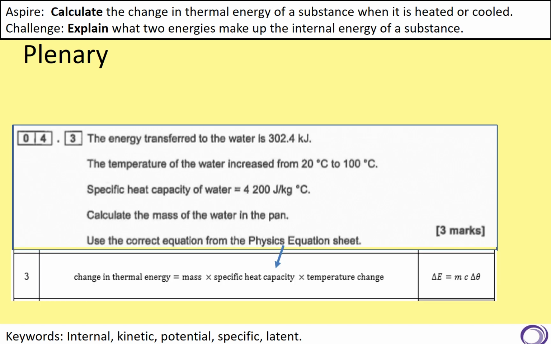Okay, next question. The energy transferred to the water is 302.4 kilojoules. The temperature of the water is increased from 20 to 100 degrees Celsius, and the specific heat capacity of water is 4,200 joules per kilogram degrees Celsius. Calculate the mass of the water in the pan. You're going to have to rearrange this equation.